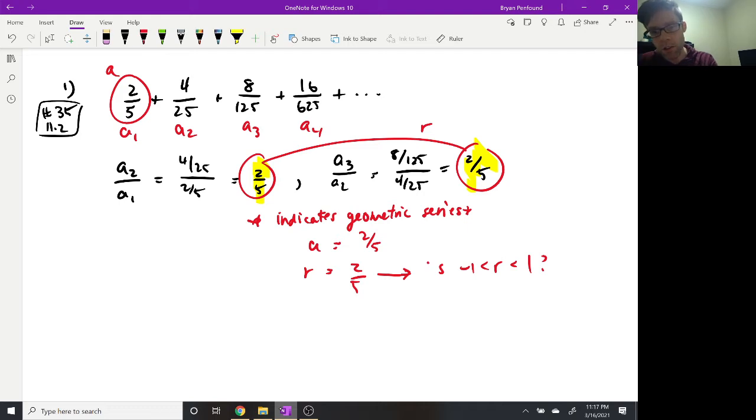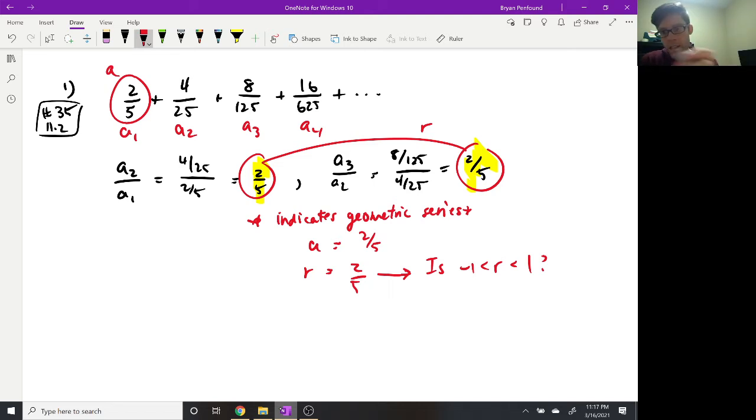That's the very first question we want to ask, because if it is, I have a formula to deal with this particular sum. If R is not in between -1 and +1, and I know it's a geometric series, then that geometric series diverges.